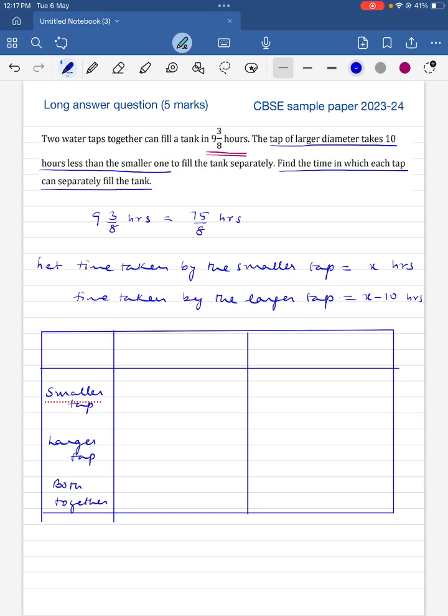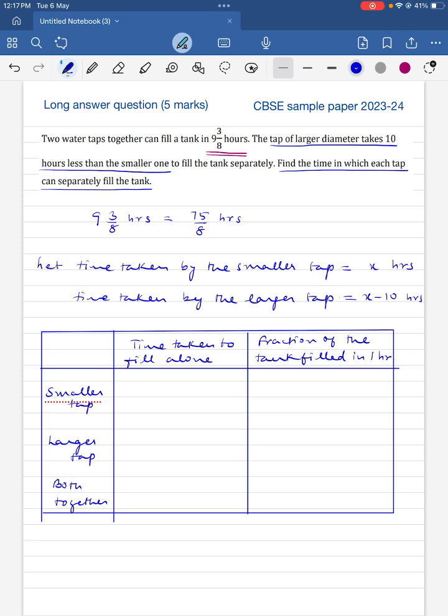In the first column, I'm just filling in the time taken to fill alone. And here I'm taking the fraction of the tank filled in 1 hour. Okay, now before we start filling up this table, can I ask you a question?